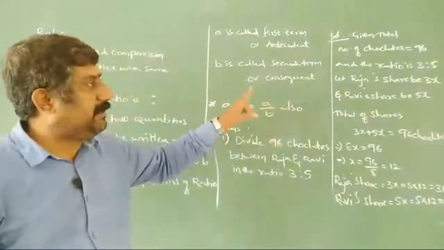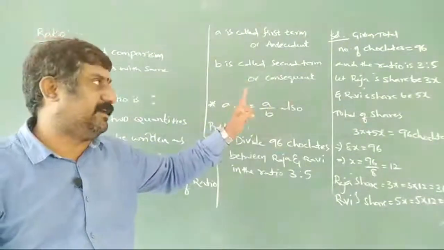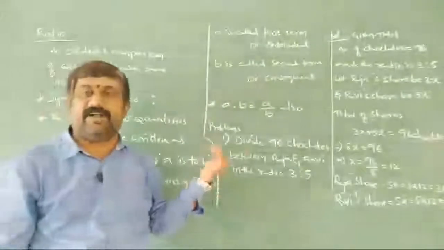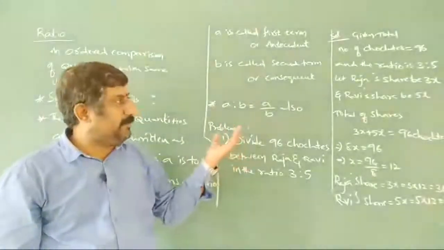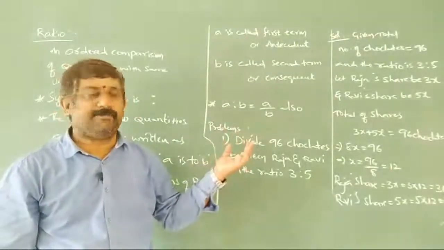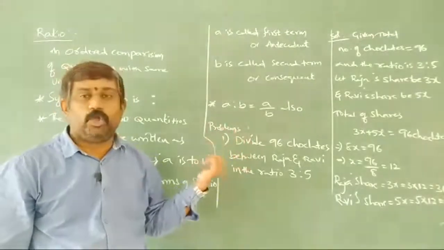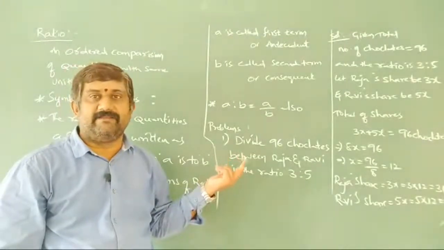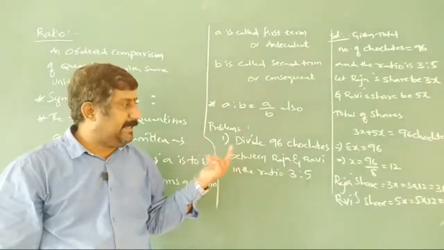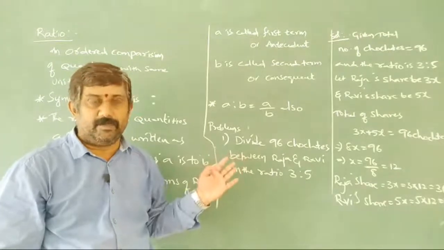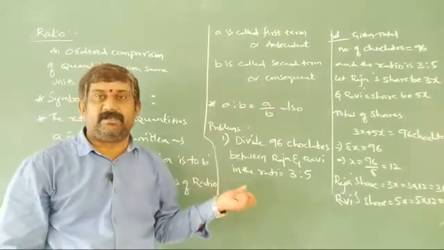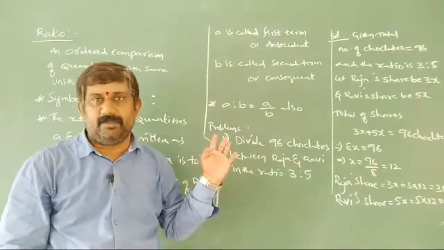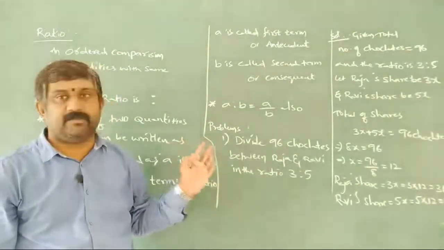So 3 shares are Raja's and 5 shares are Ravi's. Assuming 3x and 5x, the total shares are 8x. 8x is 96, so x equals 96 by 8, which is 12. Raja's share is 3x, 3 twelves are 36. Ravi's share is 5x, 5 twelves are 60. So like this, we solve the problems of ratio.